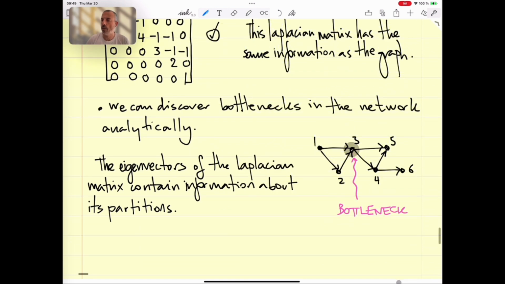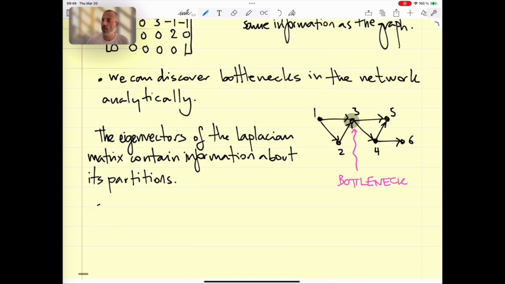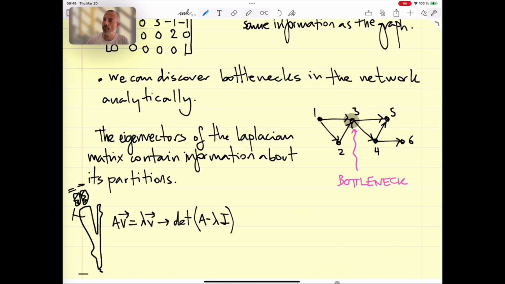So a disclaimer, the way to calculate the eigenvector, you should know from math. The eigenvector looks like this. So if you have a matrix like A, V are the eigenvectors and lambda are the eigenvalues. Okay, so first you do the determinant of A minus lambda E, and then you calculate the eigenvalues, and then you have the eigenvectors.